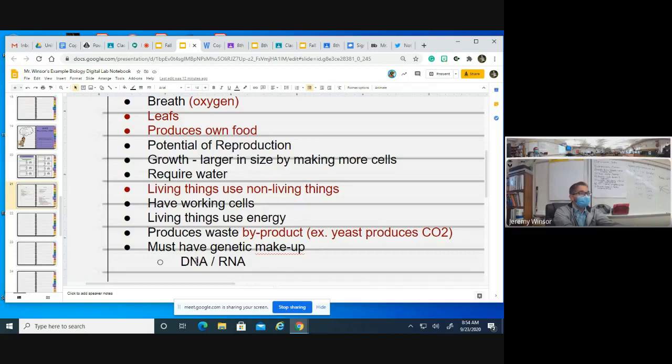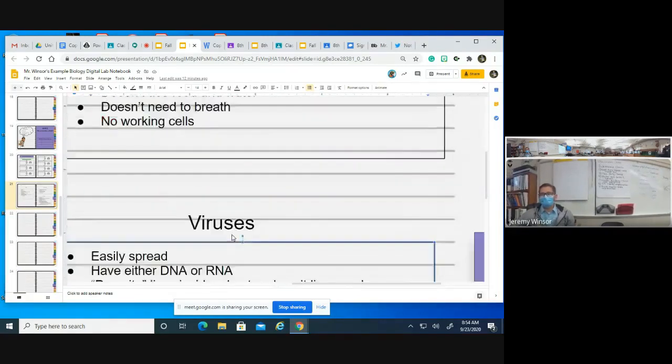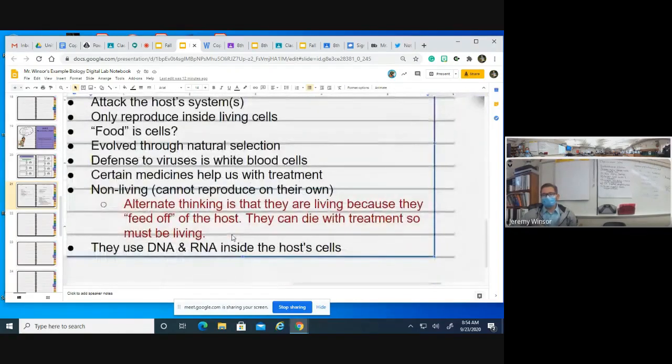They might be made up of DNA or RNA, but even though they're made up of DNA or RNA, they also are not made up of a cell. They don't reproduce on their own. They don't really have their own energy. They kind of commandeer the cell's energy in order to make copies. So thus far, based on our model that we have, our consensus is they are non-living. Do we have anything else that we need to add regarding viruses as far as information?